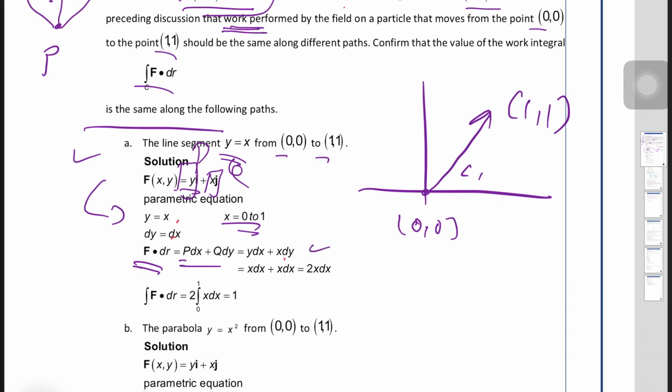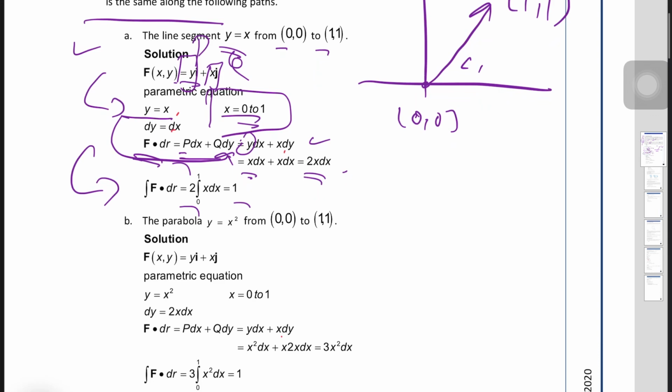Jadi kita gantikan y equal to x, kita akan dapat x dx plus x dx equal to 2x dx. Okay, so this is F dot dr, dan kita masukkan dalam integral F dot dr. Kita akan dapat integral 2x dx, where x adalah from 0 to 1. So inilah interval dia, dan kita akan dapat nilai dia sama dengan 1.